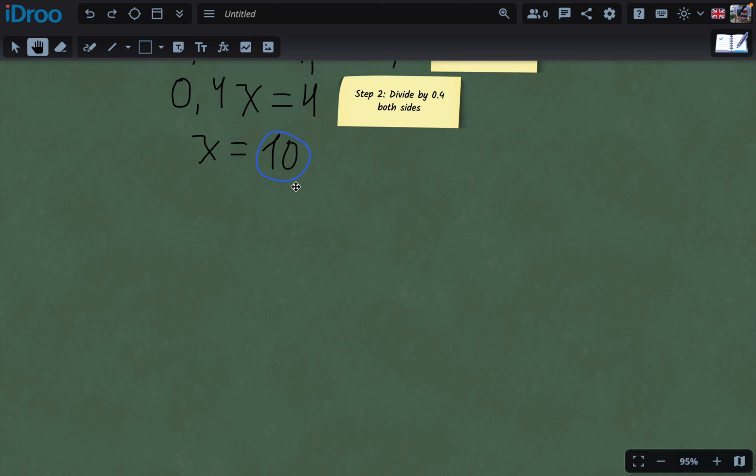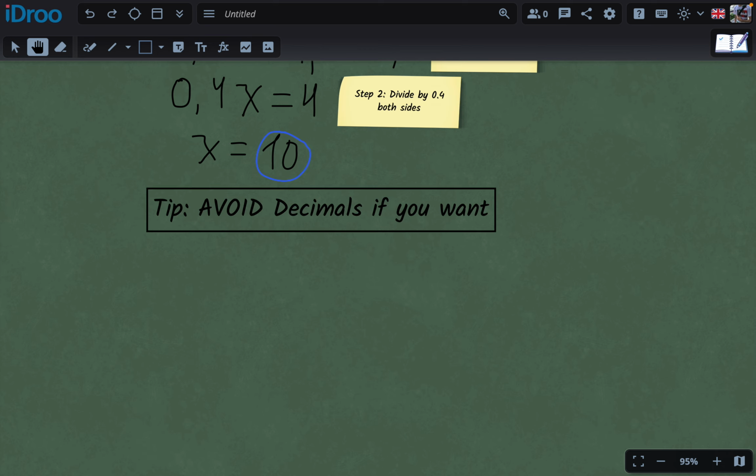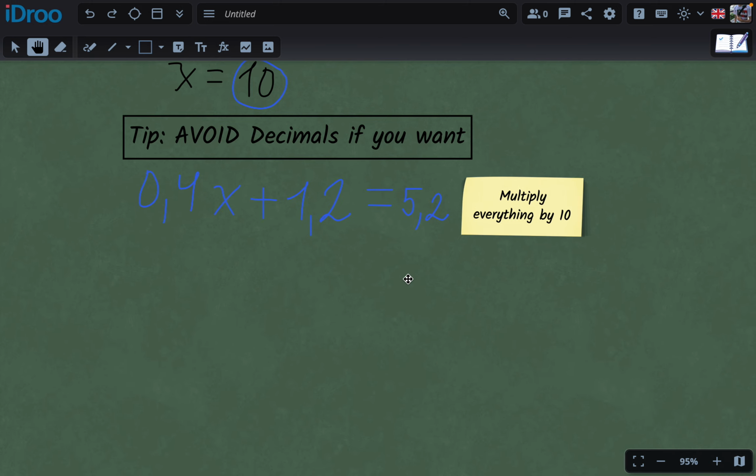So, a really important tip to avoid decimals if you want. You can multiply the whole equation to remove decimals. For example, the last equation, we can multiply everything by 10 and get this equation.